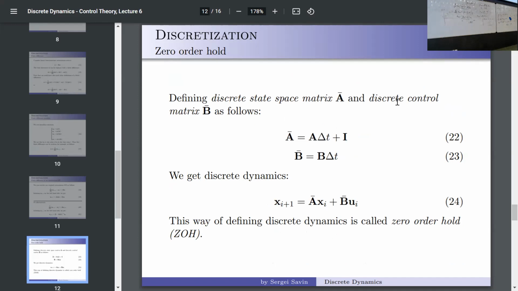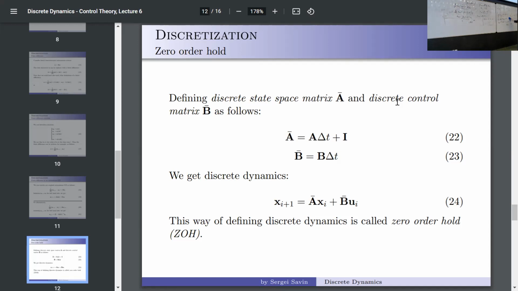Just write A times delta T plus I. That's all, right? You got your continuous equation of a pendulum, of a spring damper, of a quadrotor, multiplied by delta T plus I. You got your discrete version. Sounds good, right? Easy. How do you get the B matrix? Multiply by delta T.